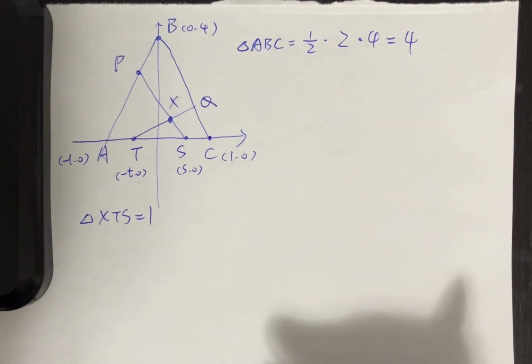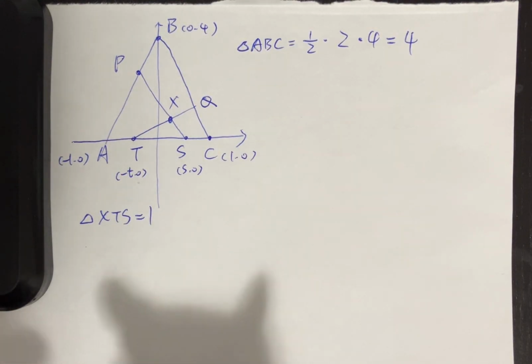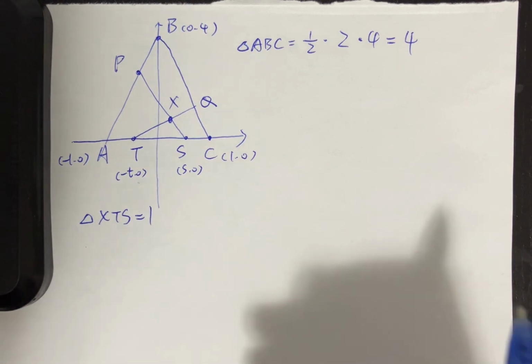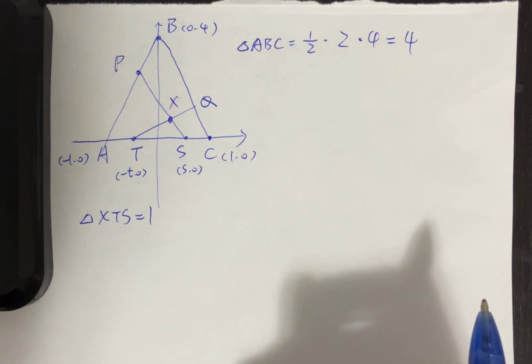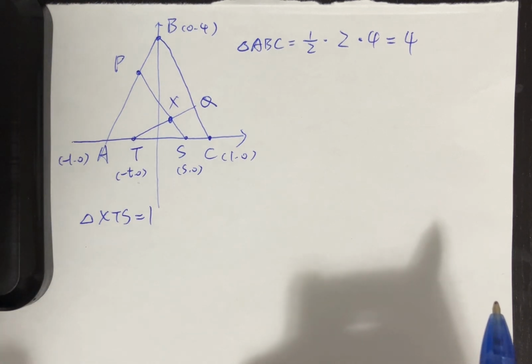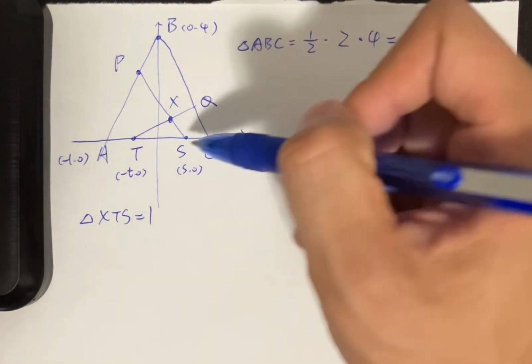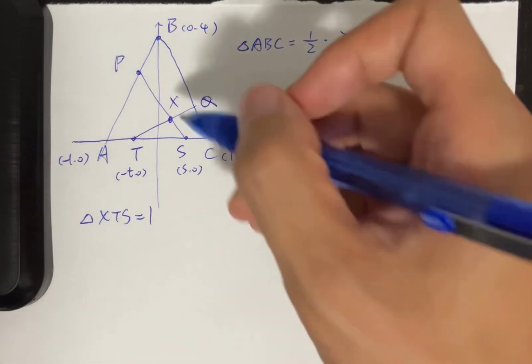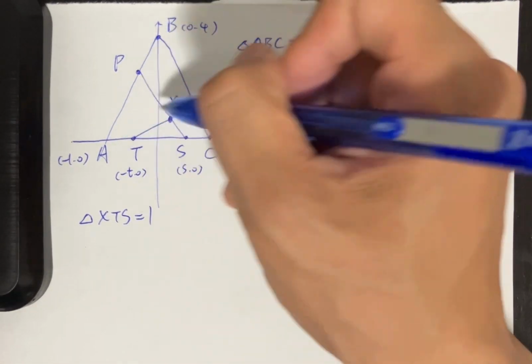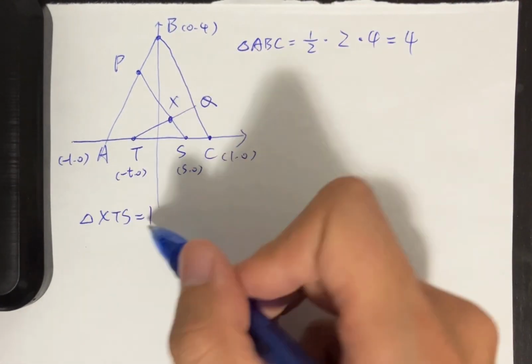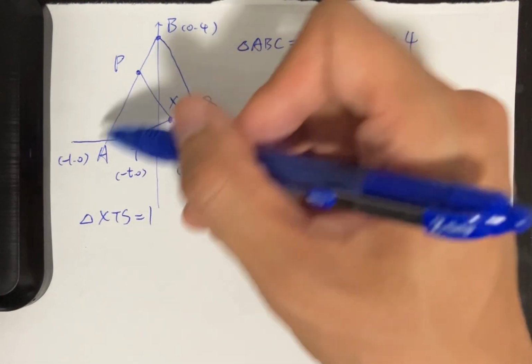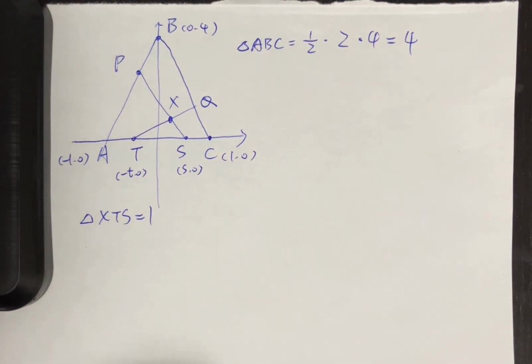But obviously this quadrilateral is quite an ugly one, and there's nothing we can do about it. We cannot express its area, although we know that it is 1. So we use the fact that it is part of the bigger triangle PAS. The quadrilateral plus XTS is exactly PAS, and PAS should have the area of 1 plus 1, which is 2.